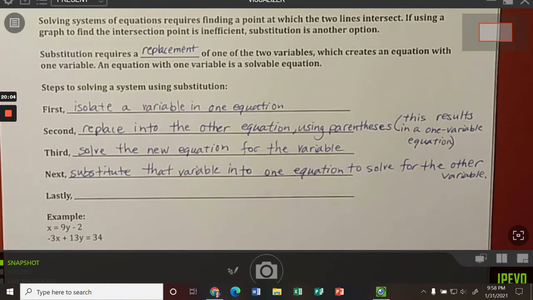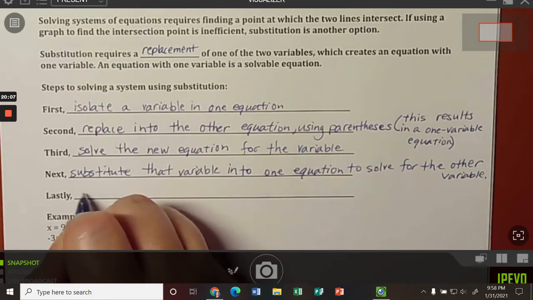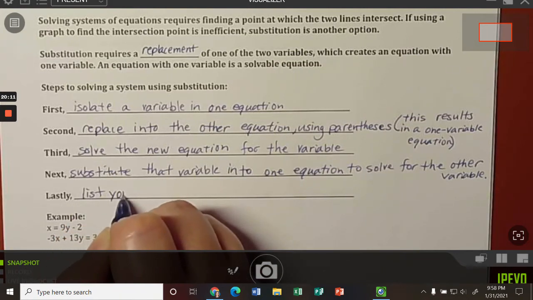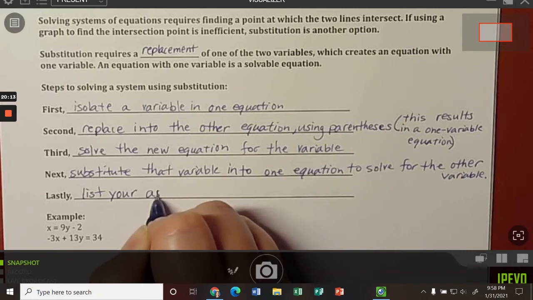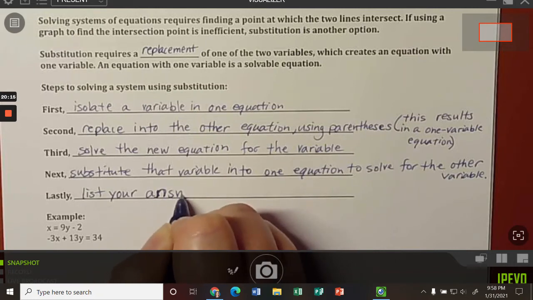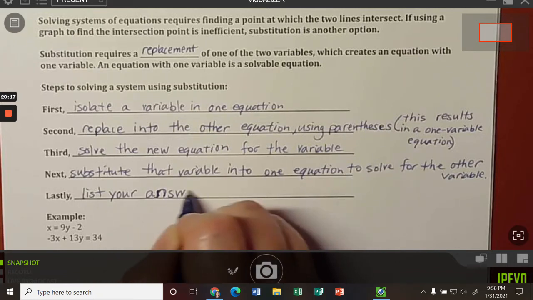Then, answer with an ordered pair and check your answer. So list your answer as an ordered pair and check for accuracy.